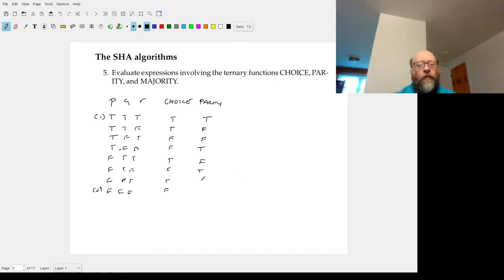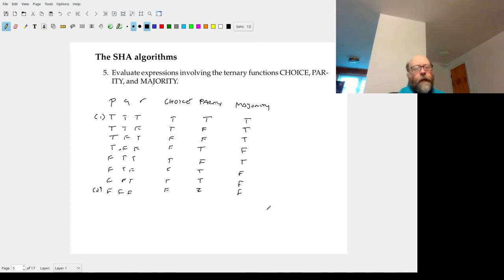One true is true. No trues is false. And then majority does exactly what you expect. It just reports whether the majority are true or false. So those all have a majority of true. This one has a majority of false.